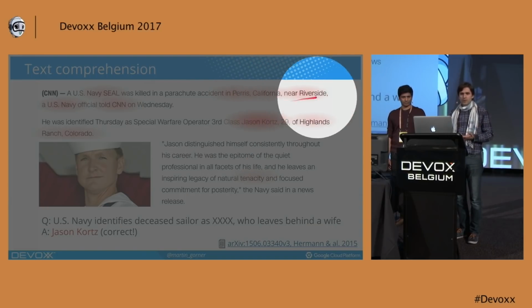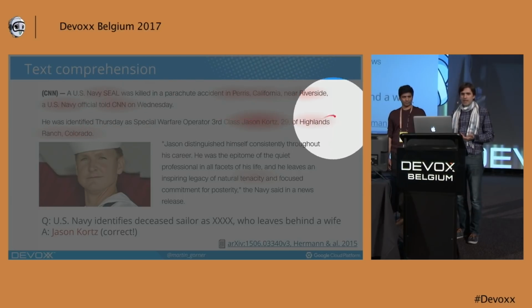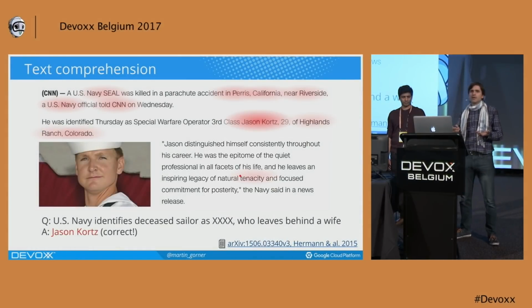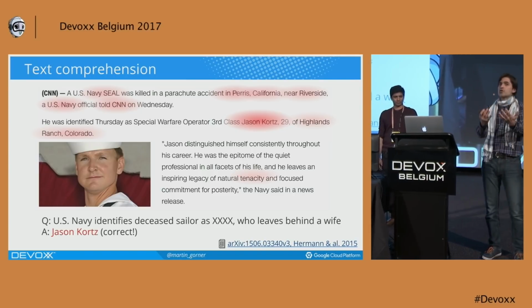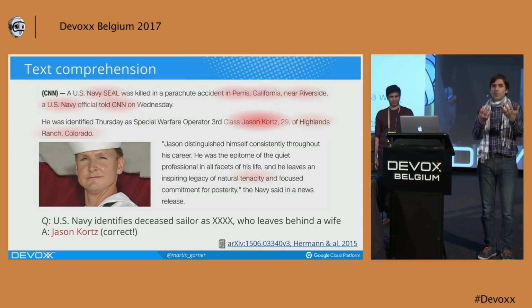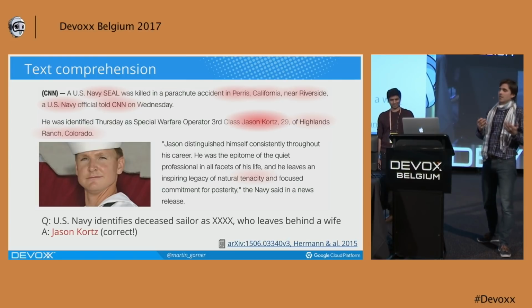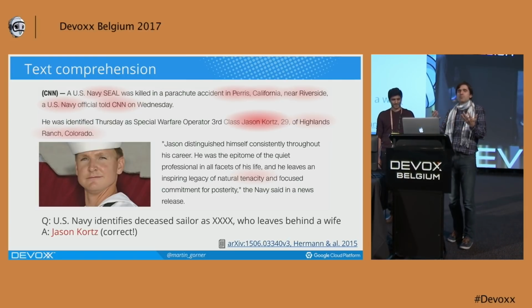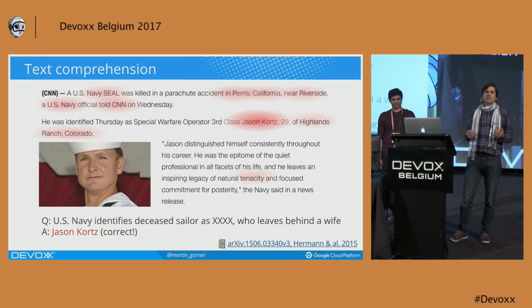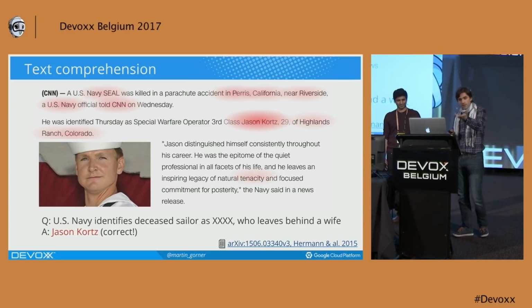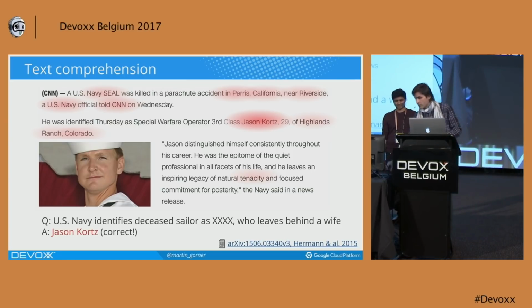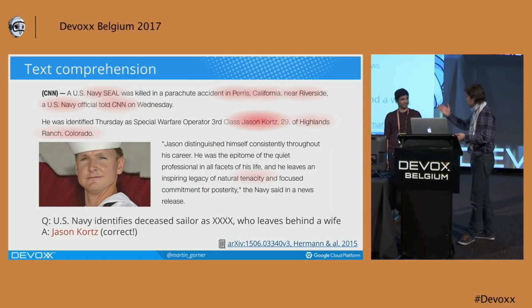But Paris, California, Riverside, US Navy, CNN, Highlands Ranch, Colorado, all these are names, and you have to understand the article to actually pick the correct name out of all those candidates, which you could not have done by implementing something simple that just says, well, if you see names, it's one of those. And here again, this neural network correctly identifies Jason Quartz as being the good answer.